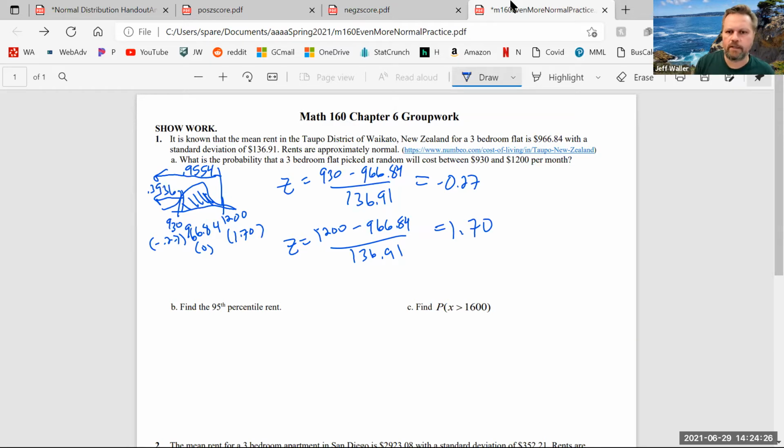All right. So then the actual answer is going to be 0.9554 minus 0.3936. So that'll be 0.5618.